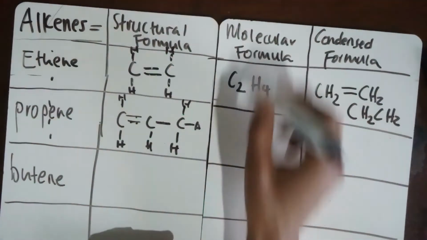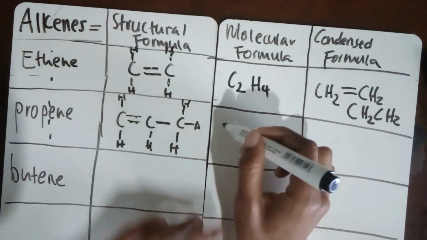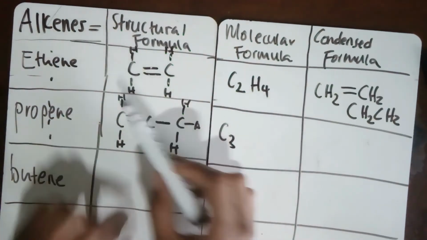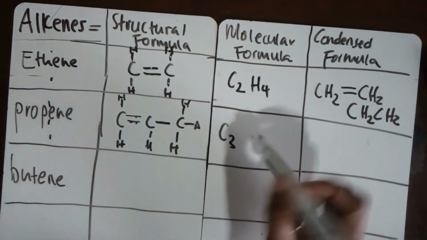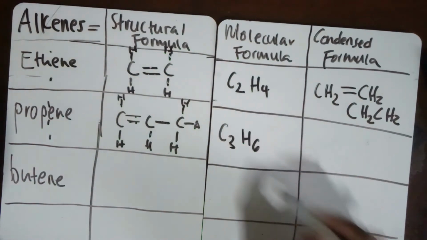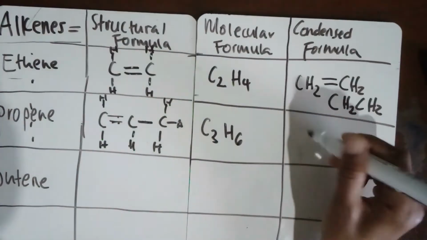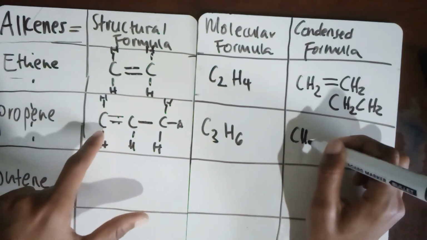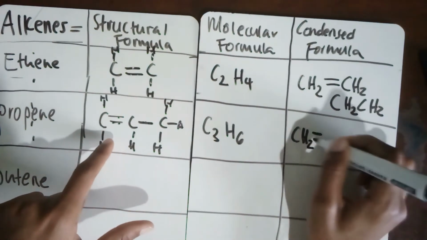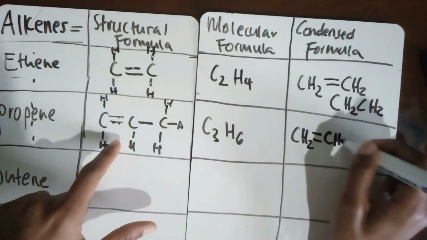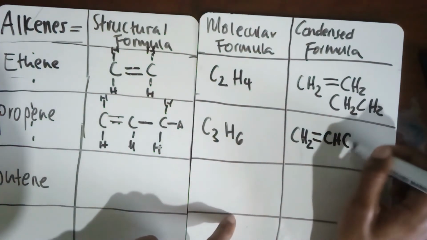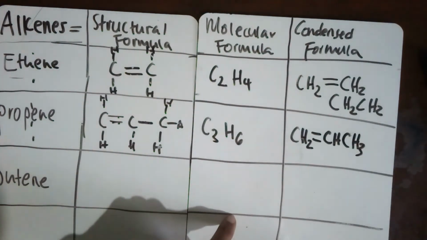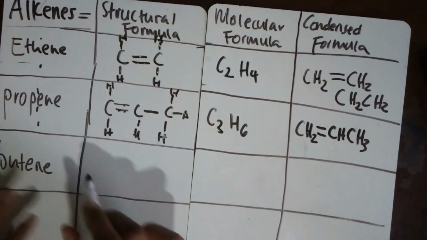Now let's write its molecular formula. There are 3 carbons. How many hydrogens? 1, 2, 3, 4, 5, 6. So it's C3H6. Its condensed formula is going to be CH2, there's a double bond, then CH, and then here we have a CH3, right? Okay, cool.